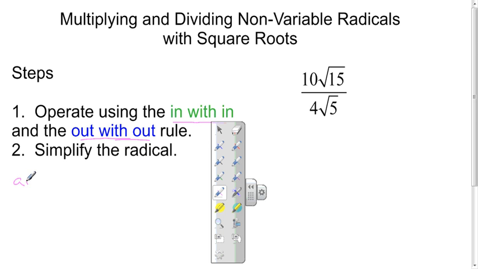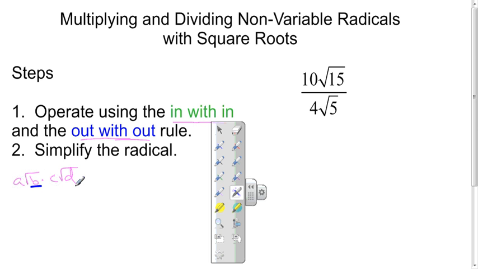If I had a root b times c root d, we would be able to operate the things that we say are in within and out without. So what does that mean? If you notice, the a and the c are both outside the radical.